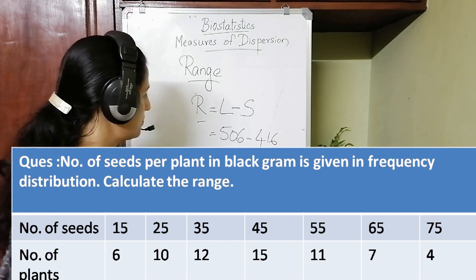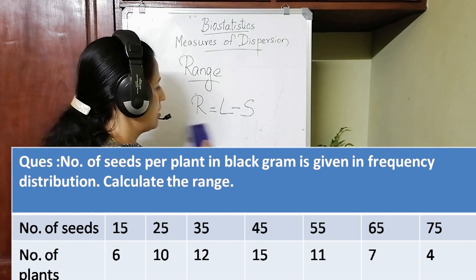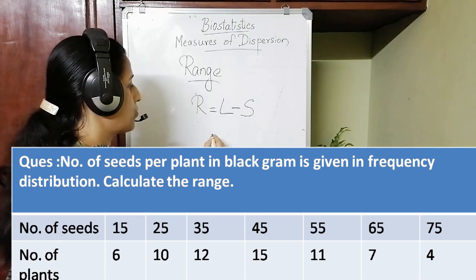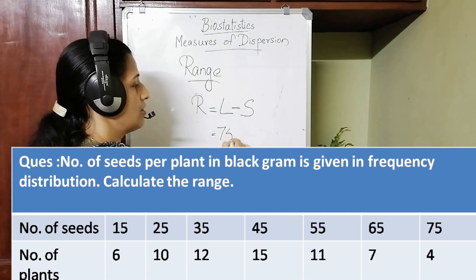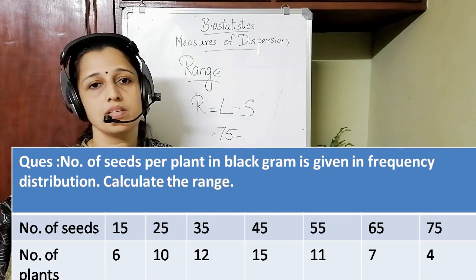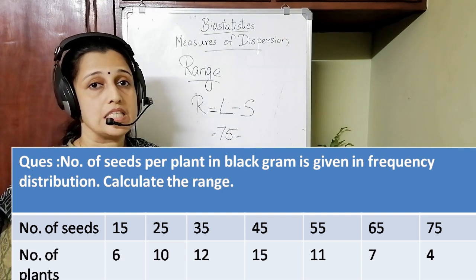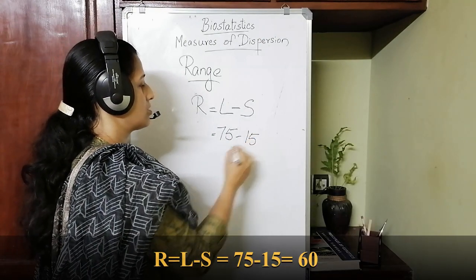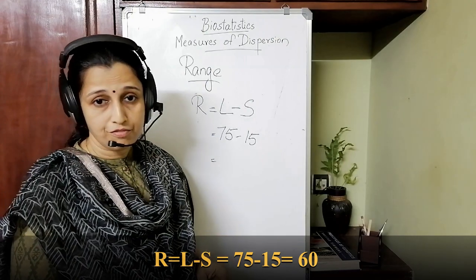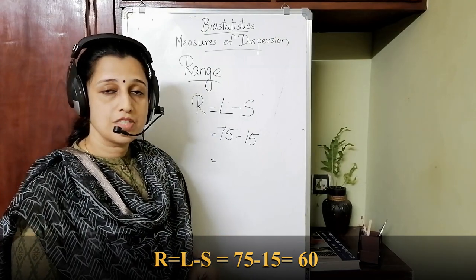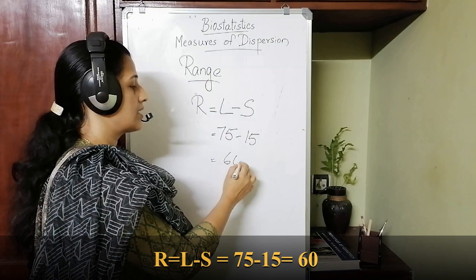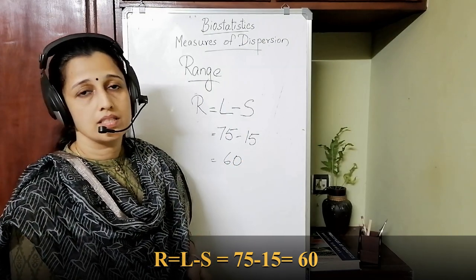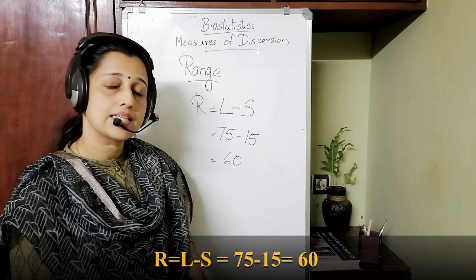In this question, the largest value, or L, is 75 and the smallest value of the variable is 15. So 75 minus 15 comes to 60. That is the range of this question. This is how you calculate the range of a discrete series.